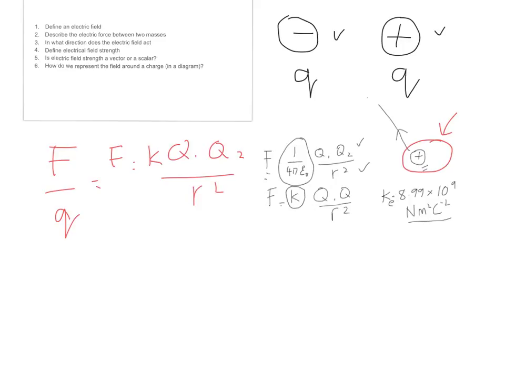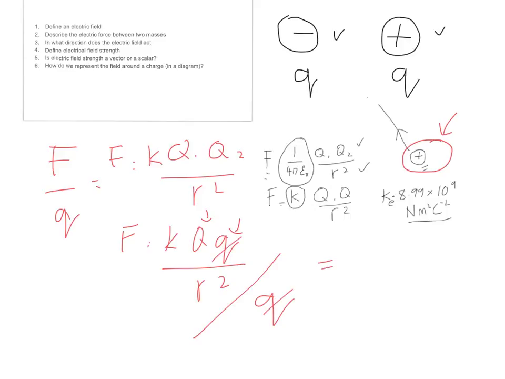Expressing that same formula in this form, which is exactly the same, but does differentiate perhaps in magnitude, we divide by q to give the electric field strength as kQ over r squared.